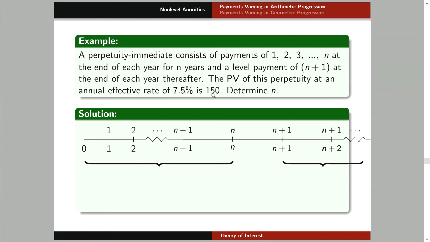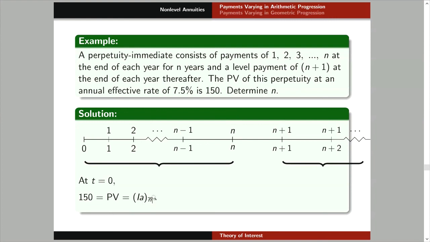We need to set up an equation here. At time 0, the present value is equal to 150. So we get the present value of these payments. For the first n years, we have an increasing annuity immediate, so we have I a angle n.